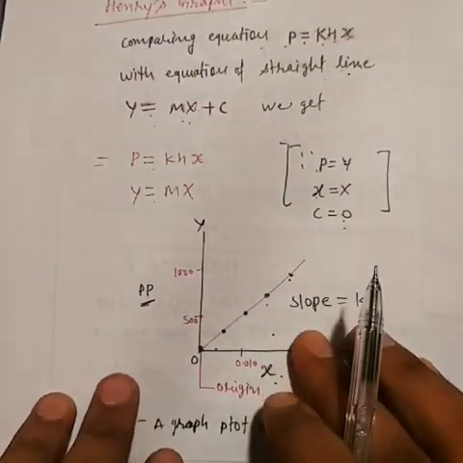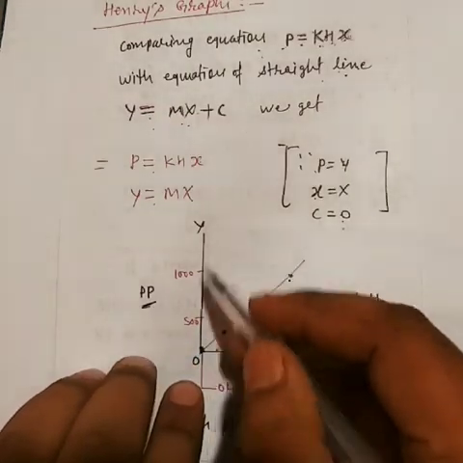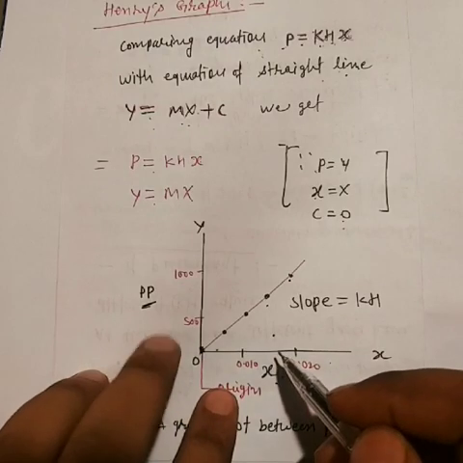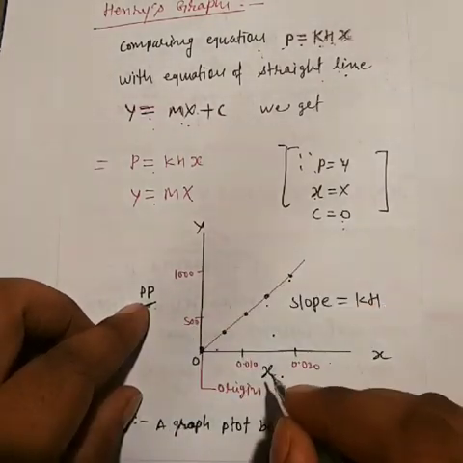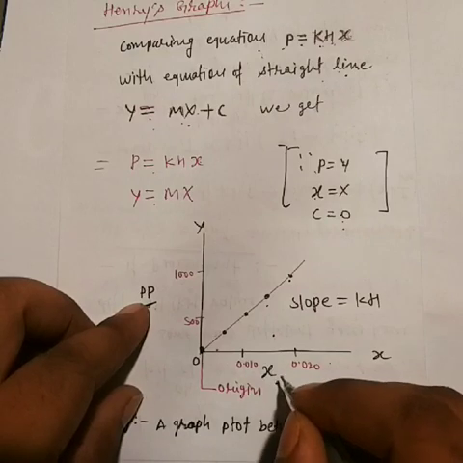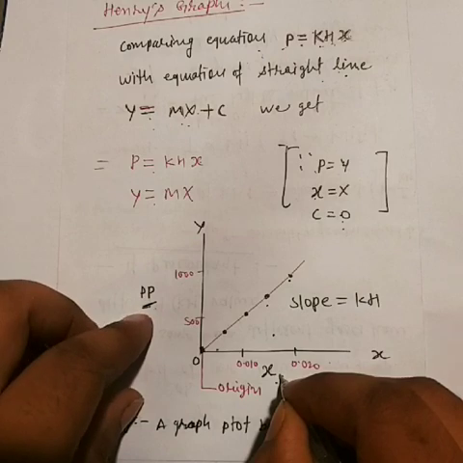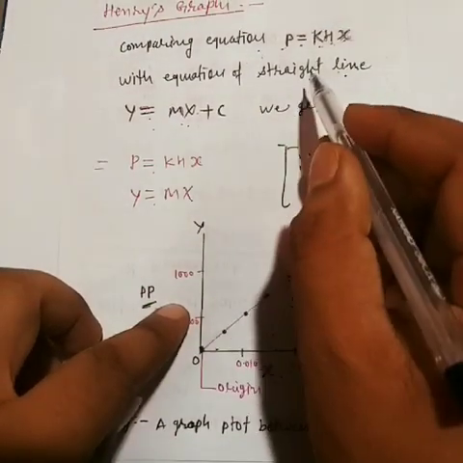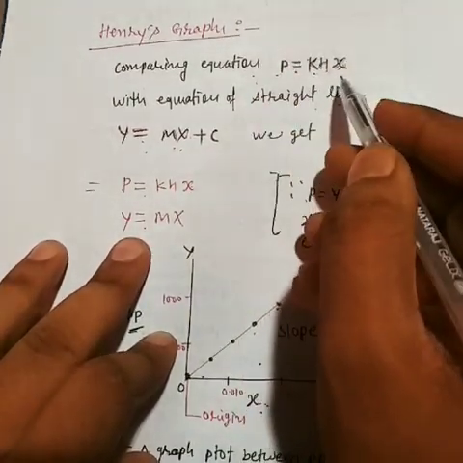This is very important. When we draw a graph, I already drew it here, between partial pressure and mole fraction of substances. So what happens is, these equations do not have a c.